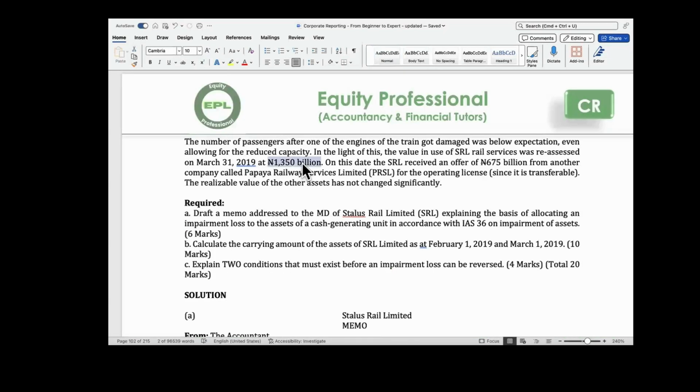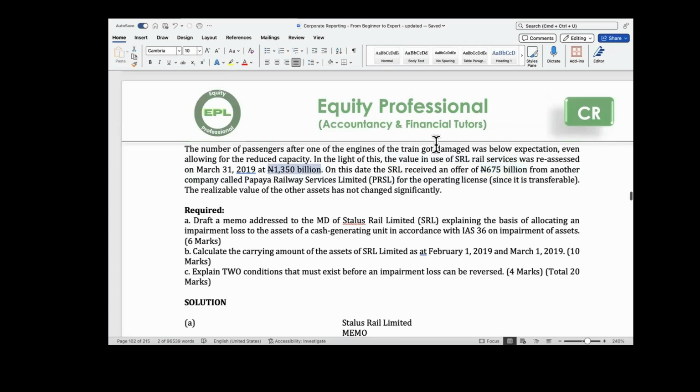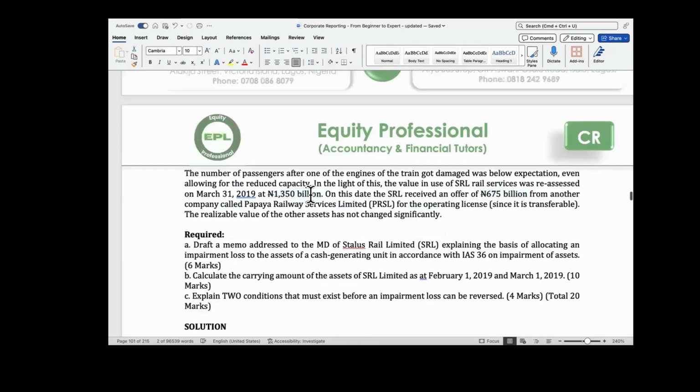They now gave us the value in use of the entire train station to be 1.3 billion. Then somebody came and said he wants to buy our license for 675. So that means there is a further impairment loss from 1.5 in February to 1.3 in March. That's around 150 billion.